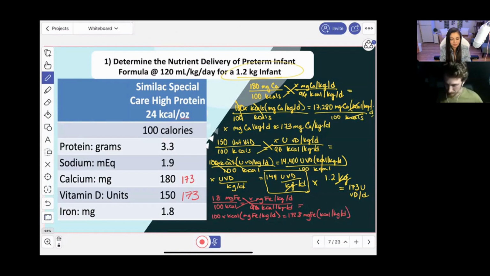Okay, so we're going to divide each side by 100 kcals because we want the x alone. And then these are going to cancel, and that's going to give us 1.7.